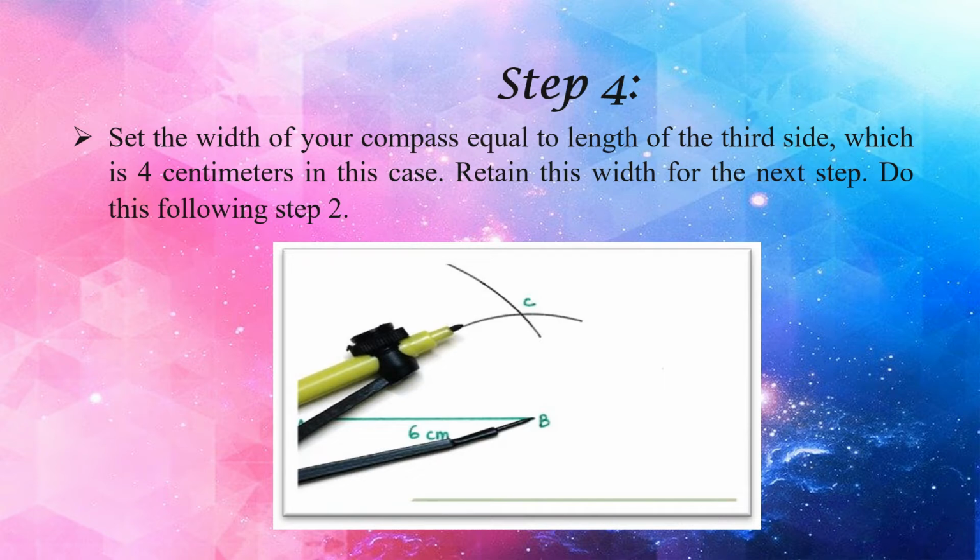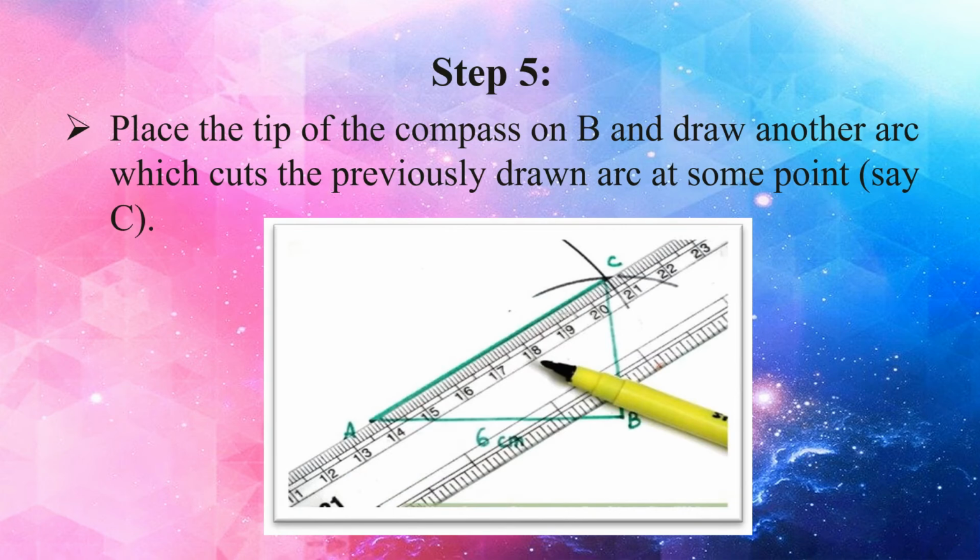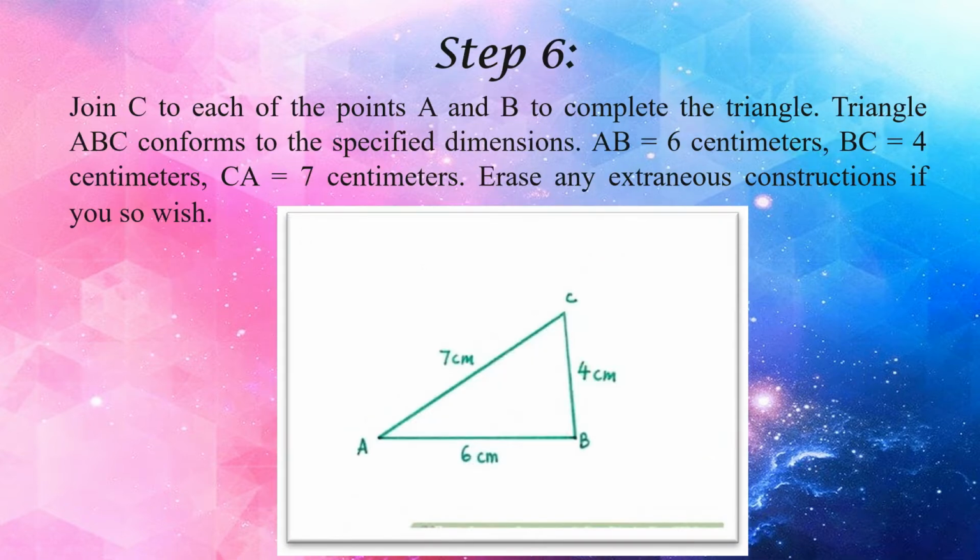Do the following step 2. Step 5. Place the tip of the compass on point B and draw another arc which cuts the previously drawn arc at the same point. Say this point C. Join point C to each of the points A and B to complete the triangle.